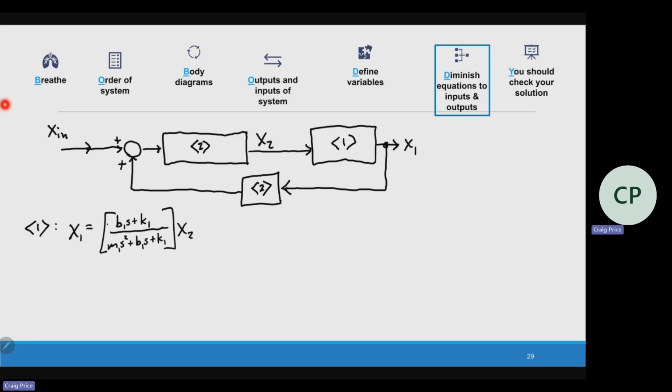So that would be our first transfer function there. X1 is equal to this transfer function times X2. That's what we get from the first equation. I can just rearrange it like that. We could also say x1 over x2 is what's in the brackets. That's our transfer function.